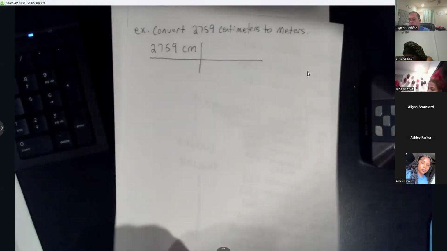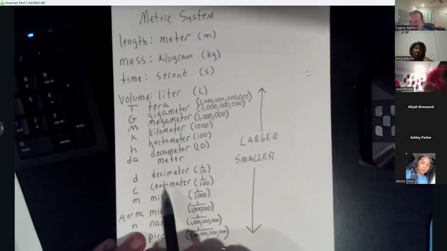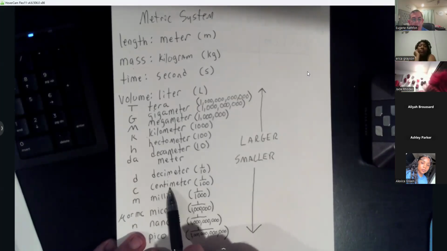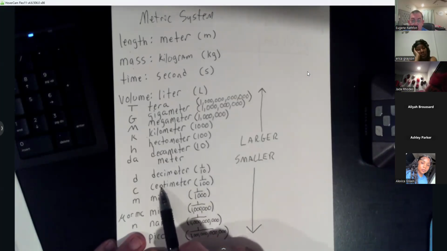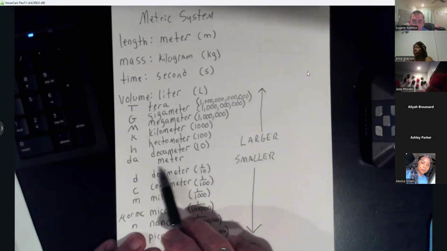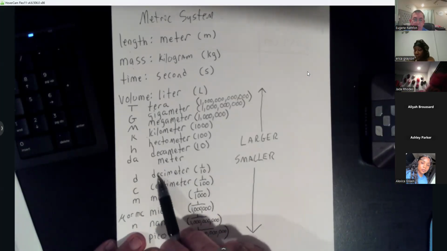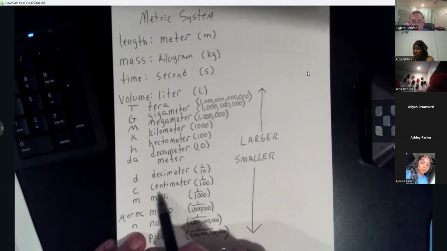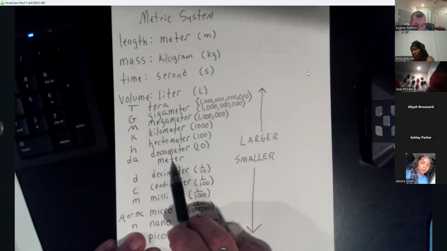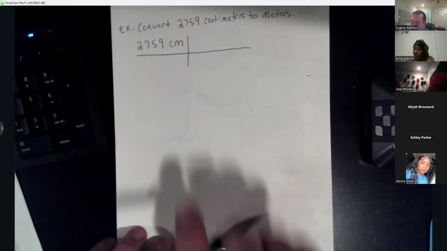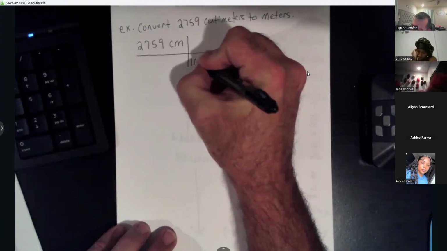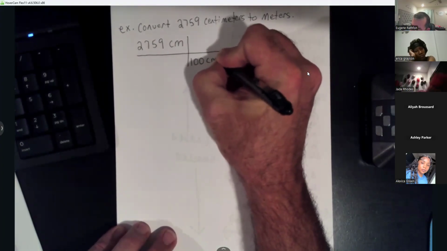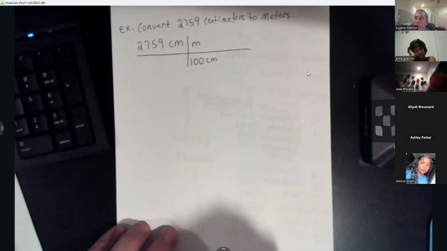Now, let me go back to the chart. If a centimeter is 1/100th of a meter, that means that there is 100 centimeters for every meter. There's 10 decimeters for every meter. 1,000 millimeters for every meter. Okay? So look what we're going from. We're going from centimeters to meters. So for every 100 centimeters, we get a meter.